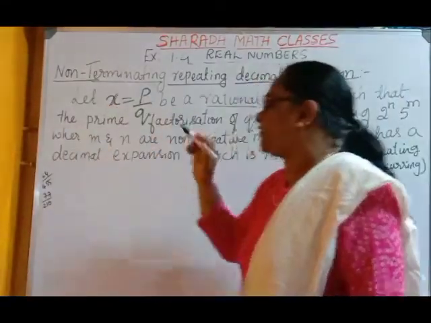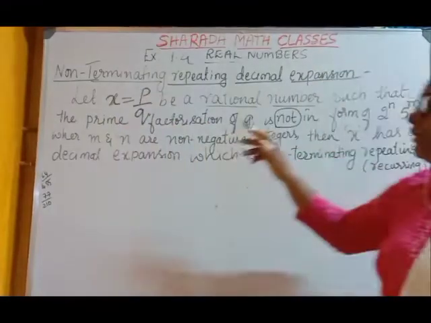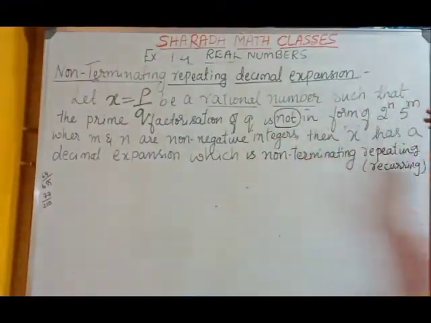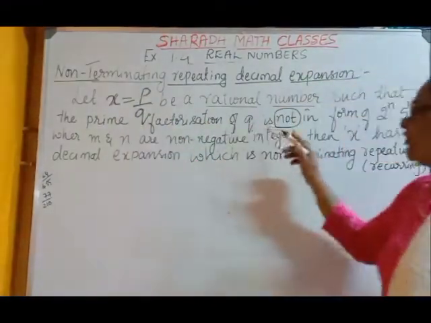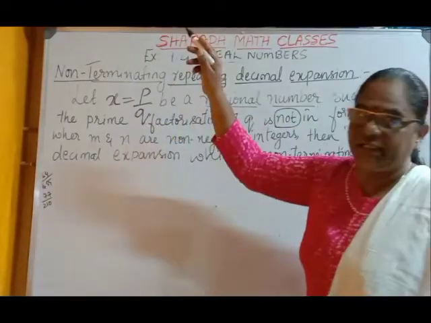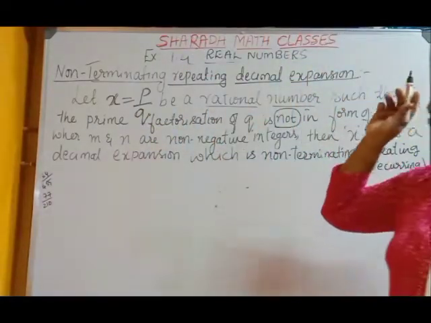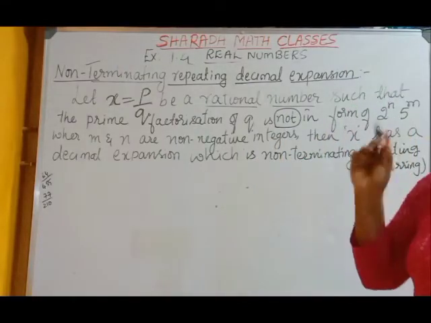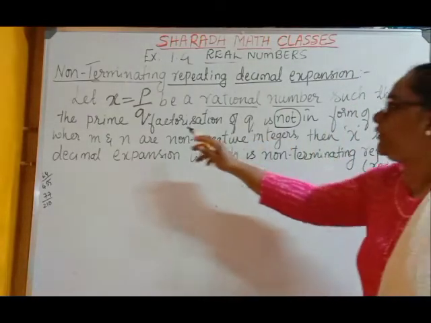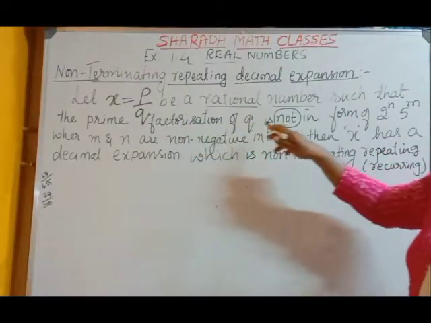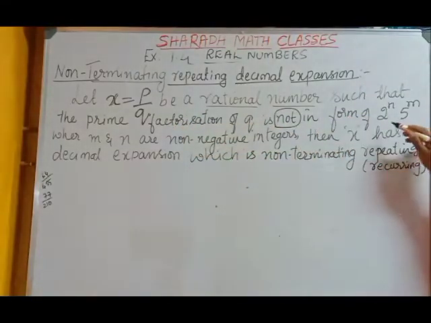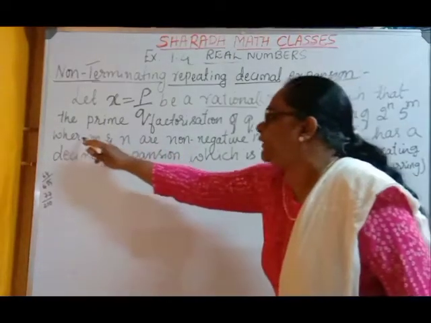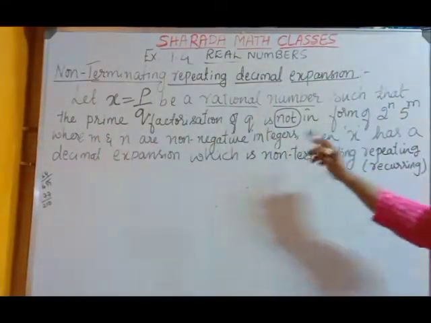Let x be a rational number in the form of p by q, such that the prime factorization of q is not in the form of 2 to the power m into 5 to the power n, where m and n are non-negative integers.